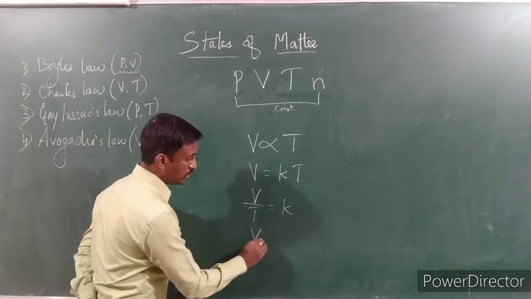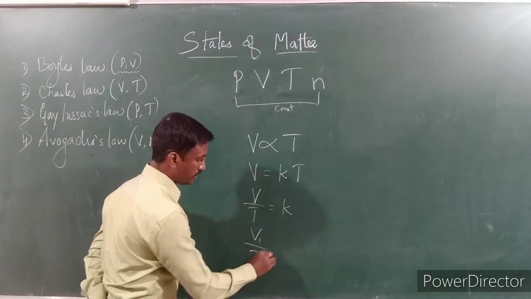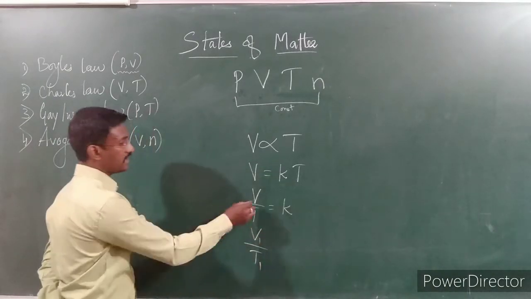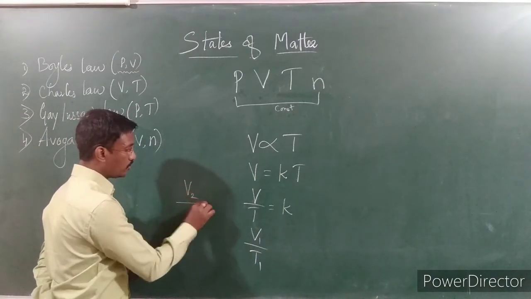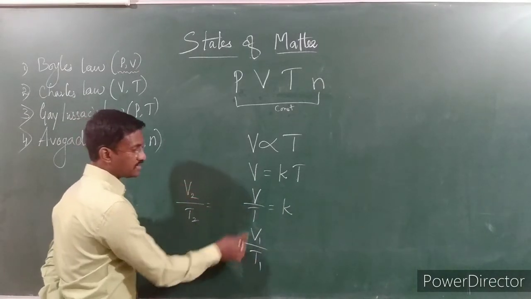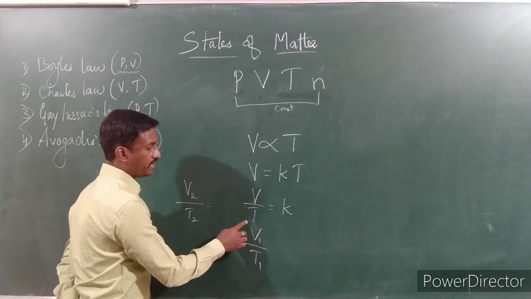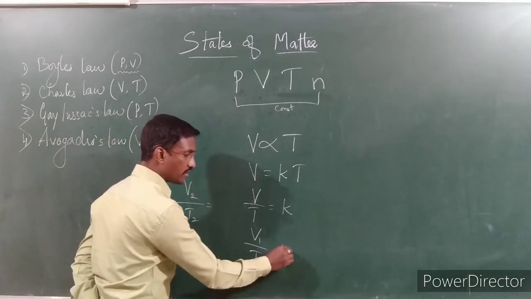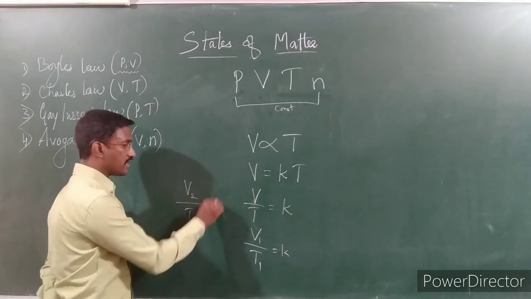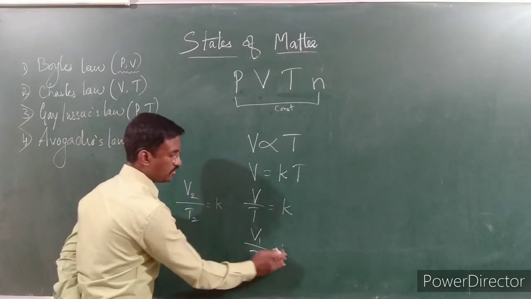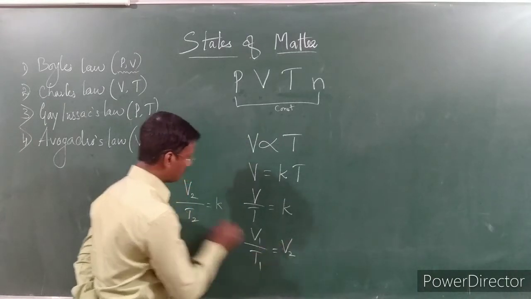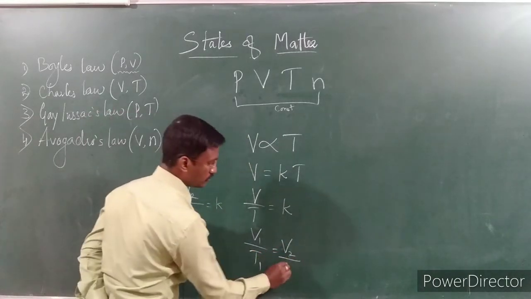Because if the initial volume is V1, then we take the temperature as T1. If the volume is changed, we take V2 divided by T2. So V1 by T1 is a constant K, and V2 by T2 is also a constant K. The K is the same, so we can write V1 by T1 is equal to V2 by T2.